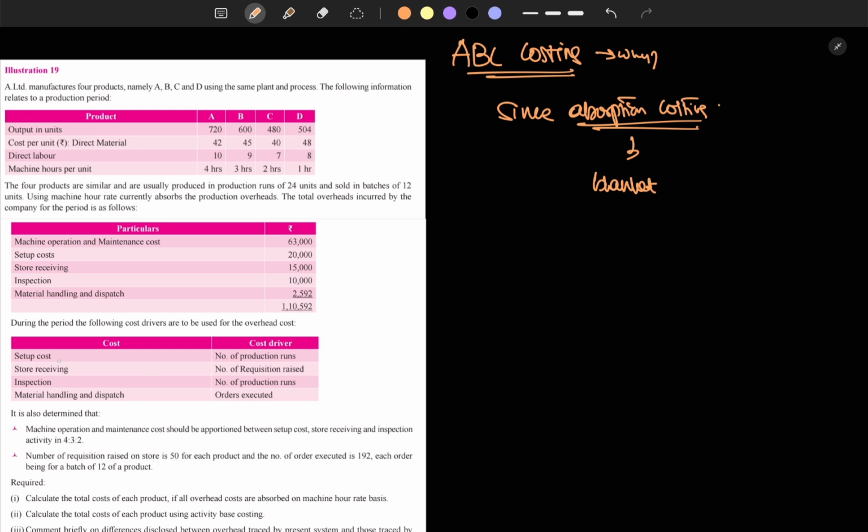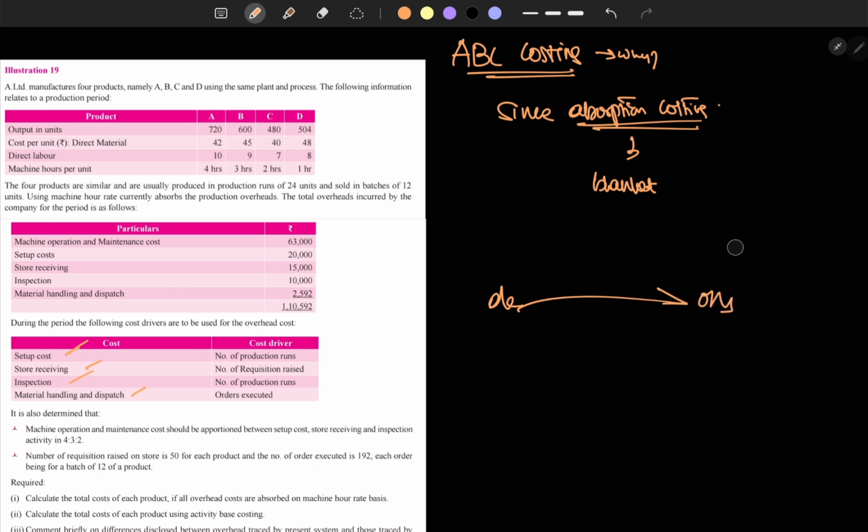For example, here we can see setup cost, store receiving, inspection activity, material handling or dispatch. These are the activities which are the reason for the overhead. So ABC costing is saying that these activities are causing the overheads, not the department.